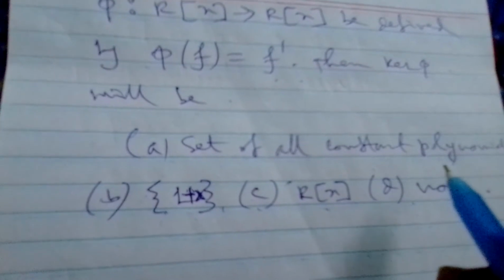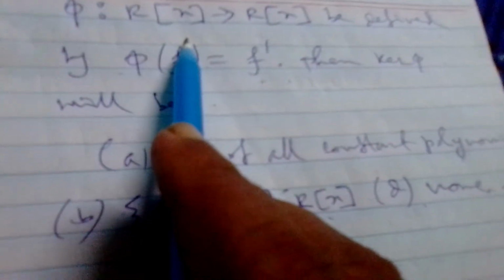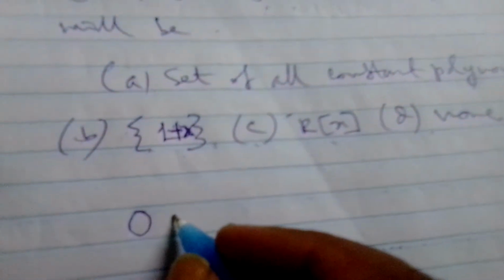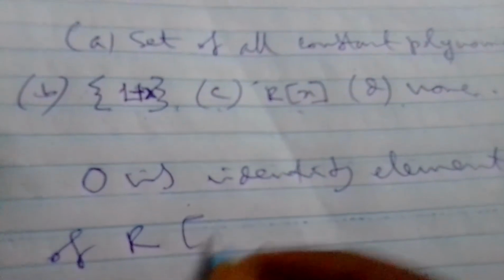Then how do we solve this type of problem? Let's watch. If we observe this type of polynomial, where 0 is the identity element of Rx, it is clear.